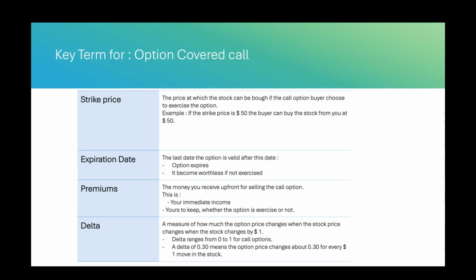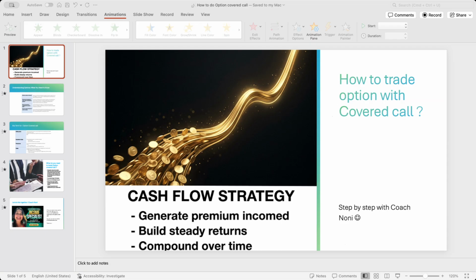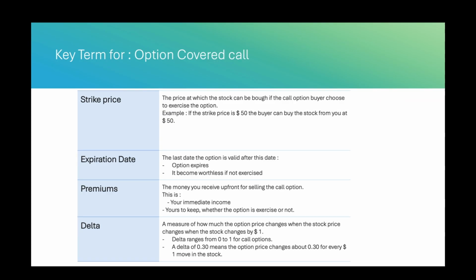For example, if you pick your strike price at $50 with an expiration date of May 8th, and by May 8th the market price goes above $50, your strike price, your stock will get called away.